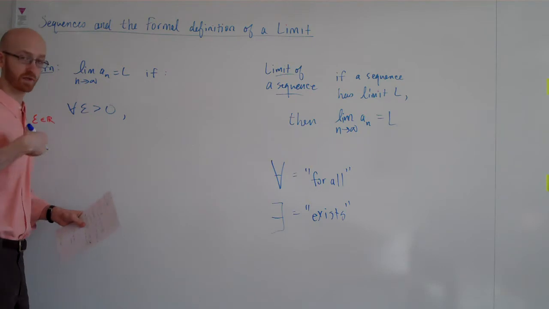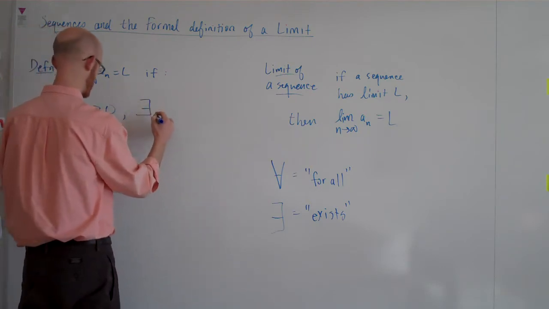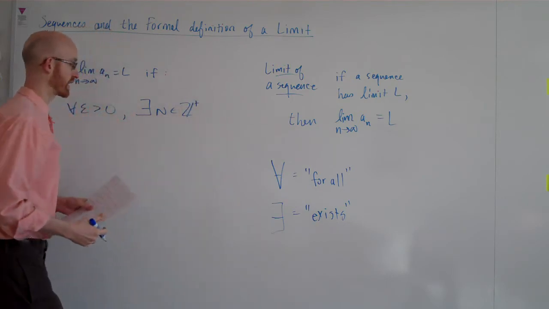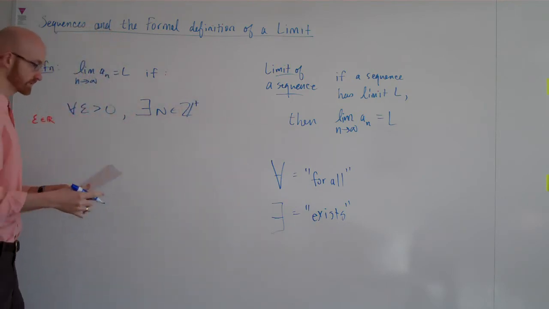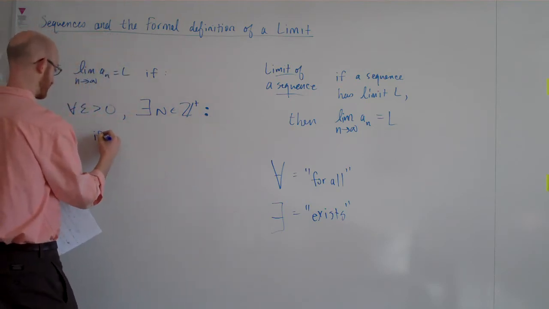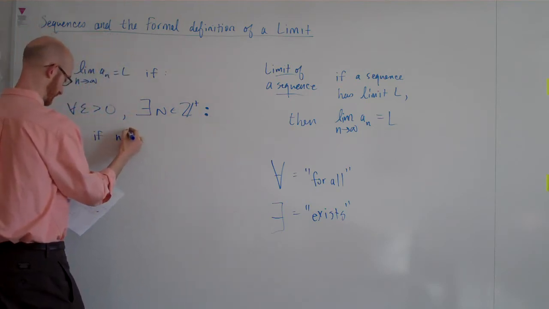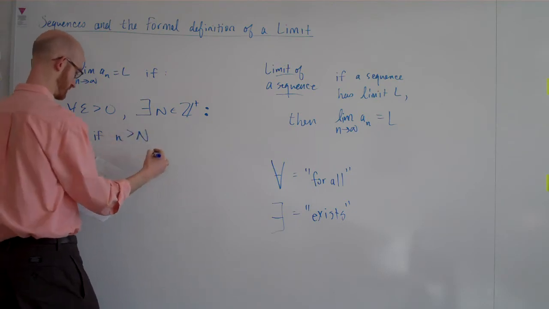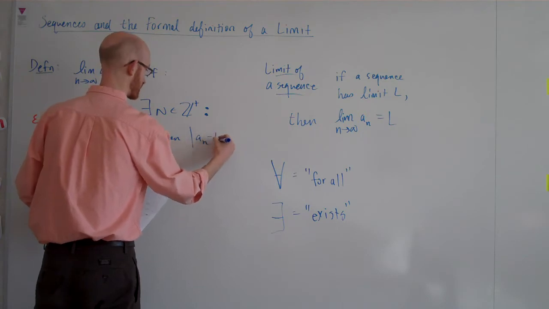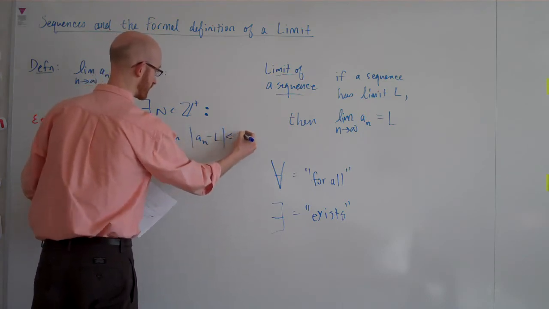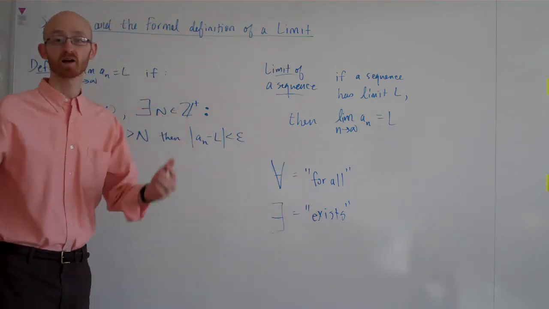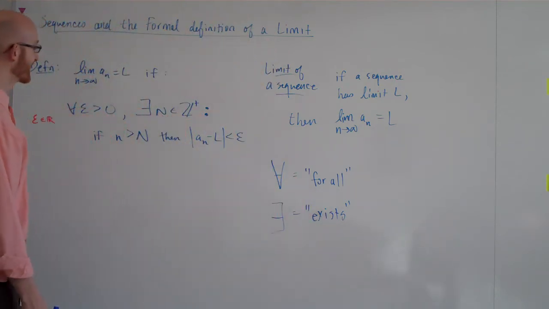For every epsilon that one chooses, there exists an N, which is a positive integer, such that if I choose some little n bigger than the big N, then the sequence minus the proposed limit will be less than epsilon. So that's that. I'm sure you understand it now.